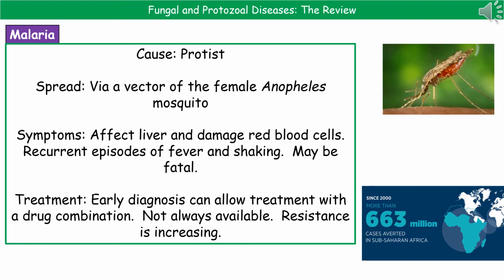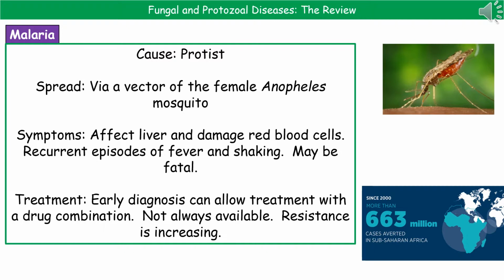In terms of what we can do should you become infected, then early diagnosis is key here. So if we can diagnose someone early enough, then we can treat them with a combination of drugs. The downside is that not all countries that have malaria prevalent in them will have these drugs readily available to the general population.